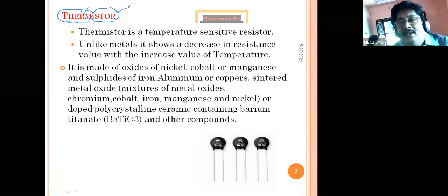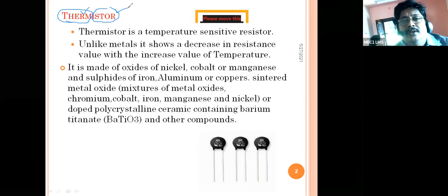The resistor function is that it opposes the flow of electrons, in other words, it opposes the flow of current. That means it resists the flow of current. Whatever is written in the chat box is 100% right. So with the help of the thermistor device, a sensor or an instrument, we can measure the temperature of a particular body or a substance.